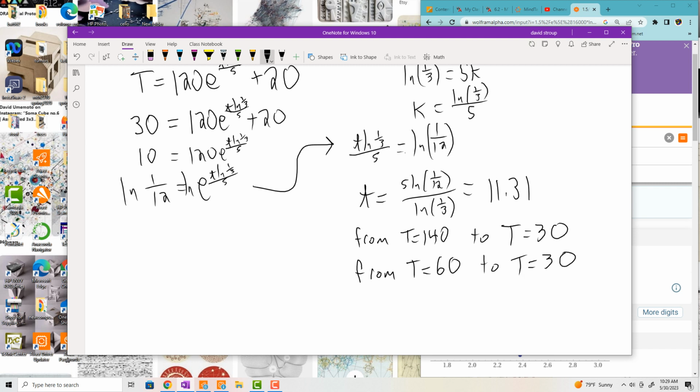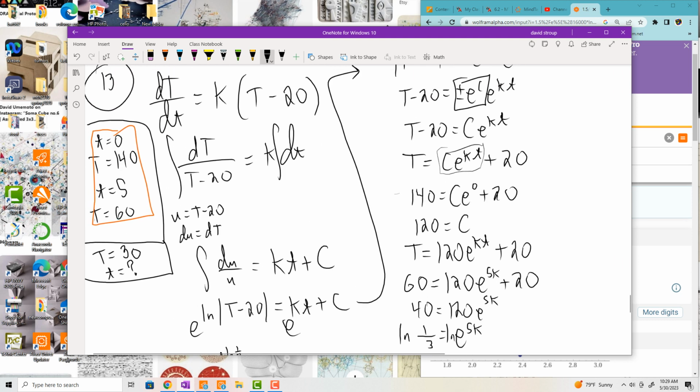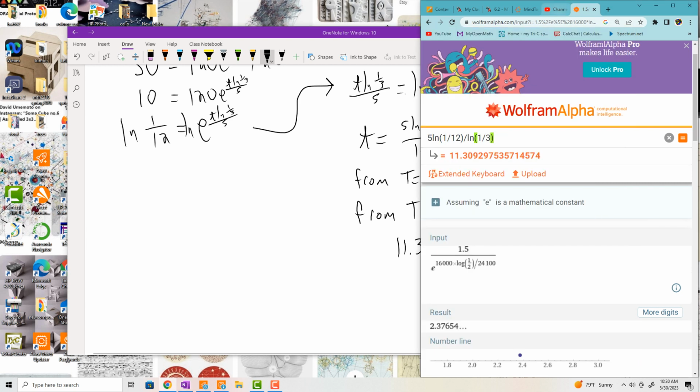The time from 140 to 30 is 11.31. The time it takes to go from 140 to 60 was 5 minutes. So all you have to do is subtract 11.31 minus the 5 minutes it took to get to 60 initially, and you should have your answer. 6.31 minutes, probably.